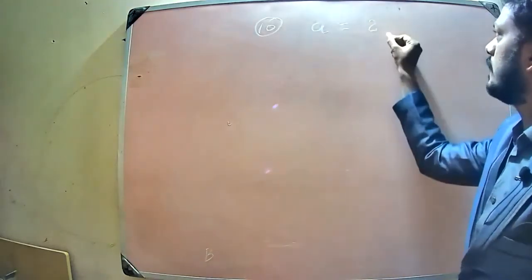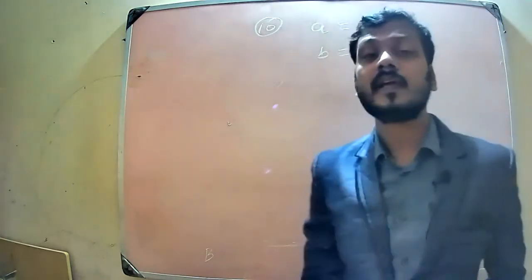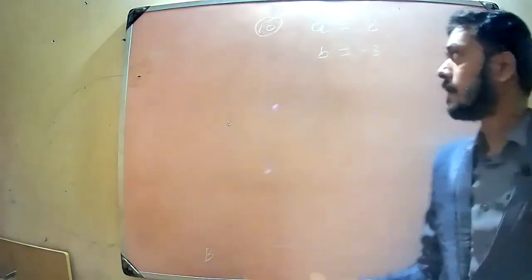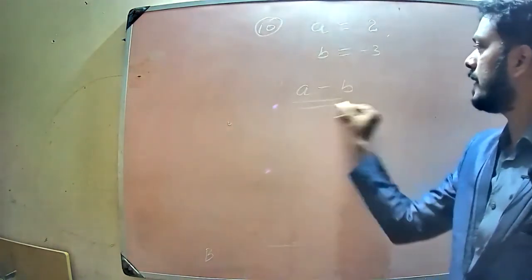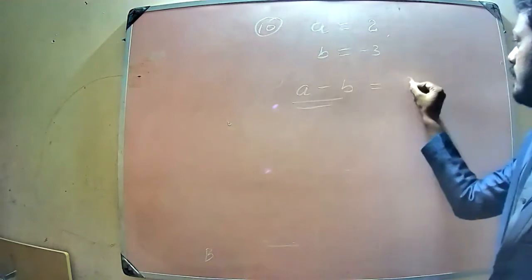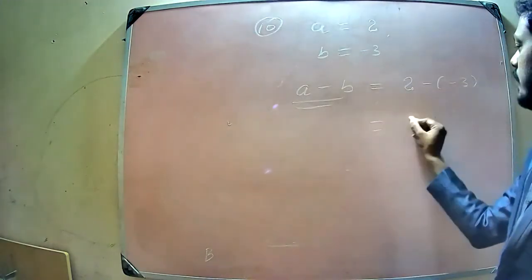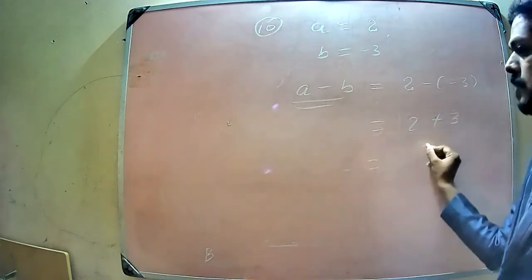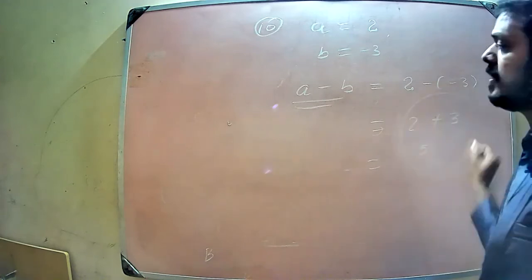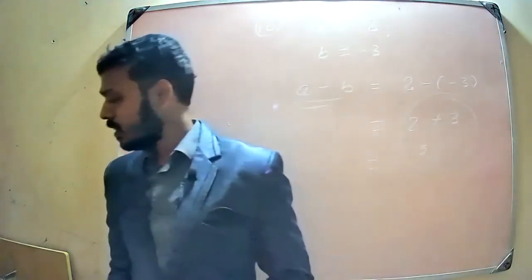Suppose a equals 2 and b equals -3. Why? Because their subtraction is greater than both the integers. According to the statement, a minus b, where a equals 2 and b equals -3, so minus and minus gives plus 3. So 2 plus 3 is equal to 5, and 5 is greater than both the integers 2 and -3.